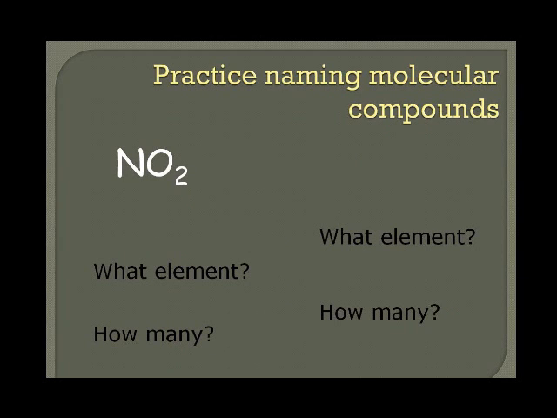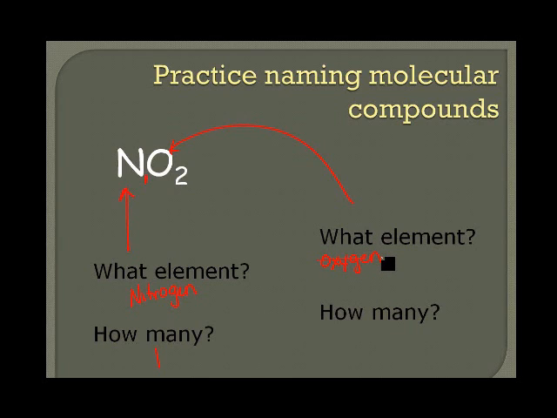So let's practice. Our first element. Which element is it? It's nitrogen. There is one of them because there's no number written here, so we have an understood one. Our second element is oxygen.